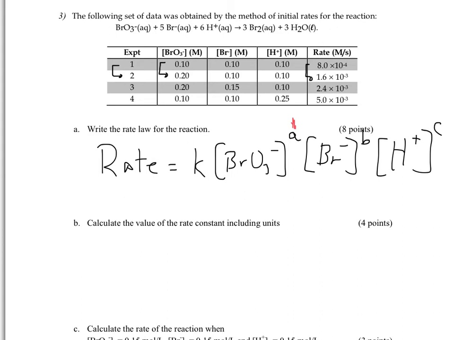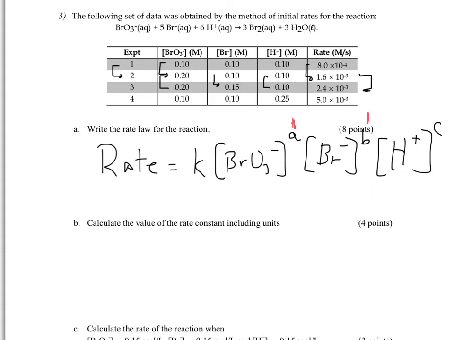The next set that we need to compare is experiments 2 and 3. In experiments 2 and 3, we see that the concentration of bromine goes up by half, so by 50%. And what happens to the rate there? It goes up by 50%. So once again, the exponent for B is going to be 1 for the bromine or bromide ion.